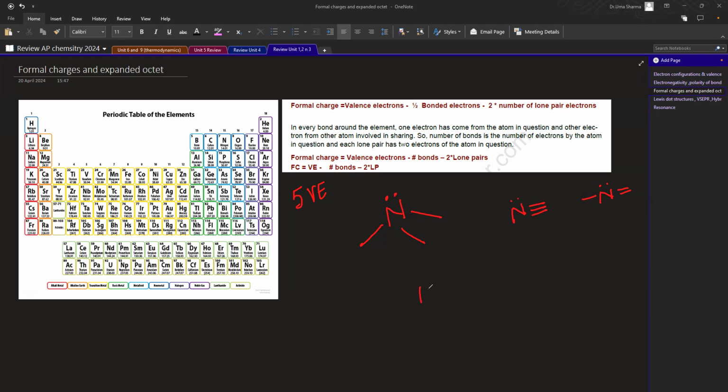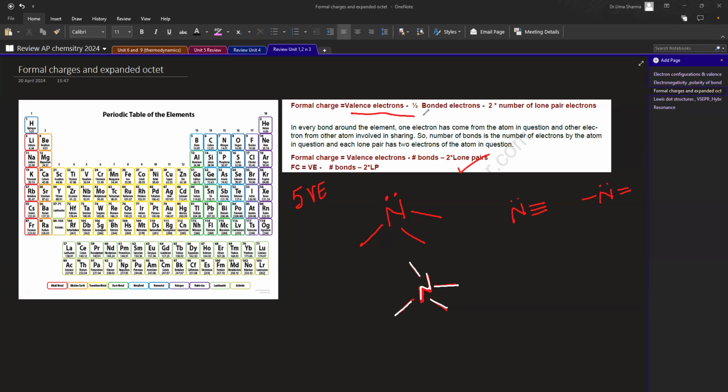But you will see nitrogen like this also. Can you tell me what's the formal charge on this nitrogen? All of you, work out the formal charge on this nitrogen when it has 4 bonds around it. What's the formal charge? +1. Yes. So children, you can use this equation or this one.